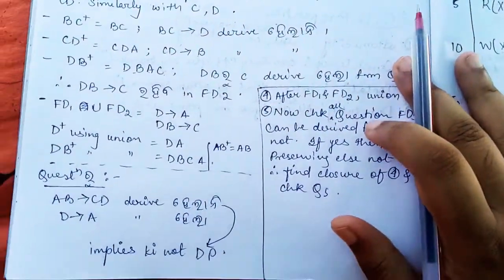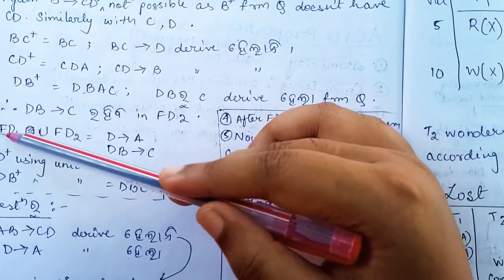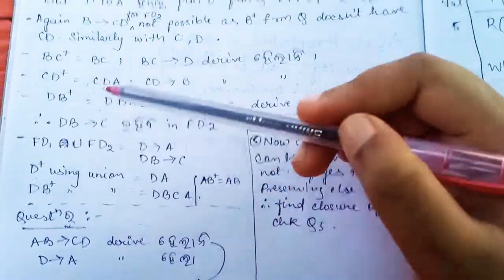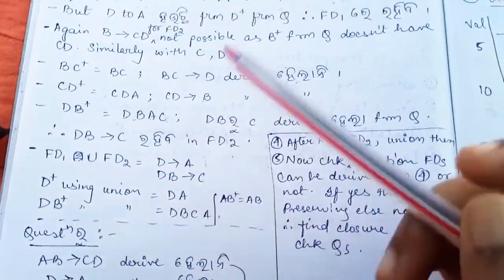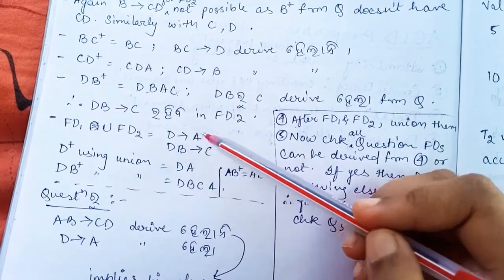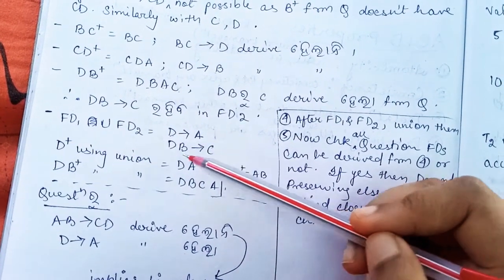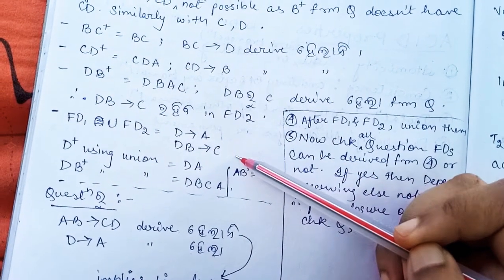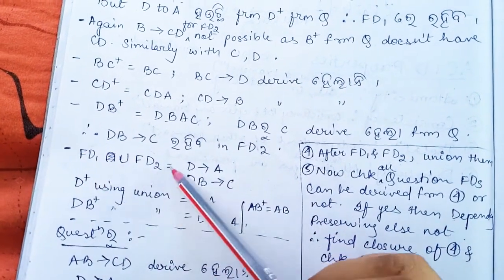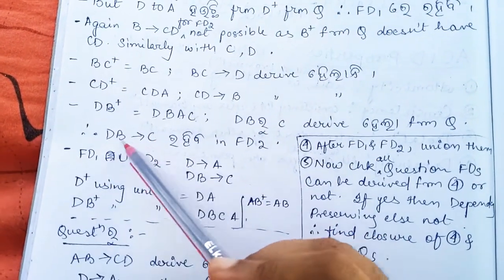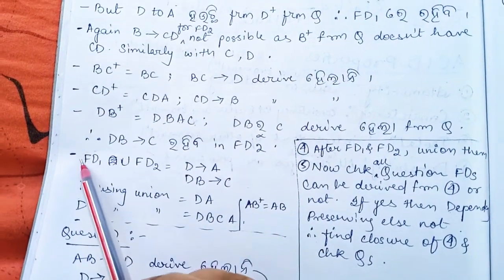Now the next step is we need to find the union of these both dependencies. On finding the union, we will mix these two: D derives A from R1 and DB derives C from R2. Using the union of these two, we need to check something similar again.